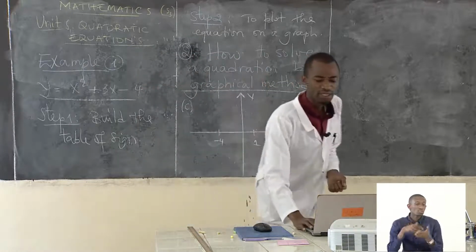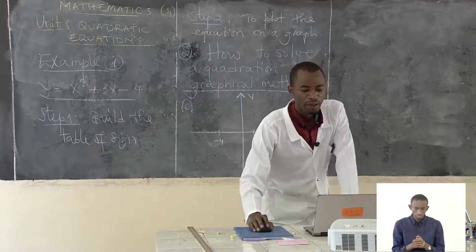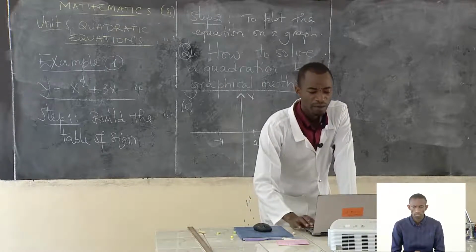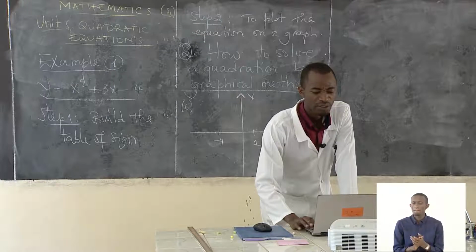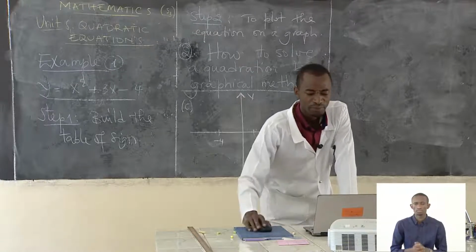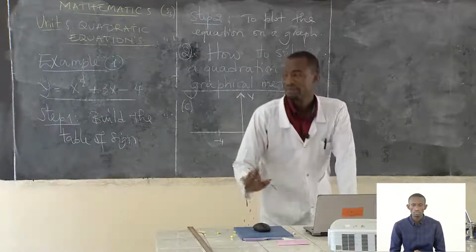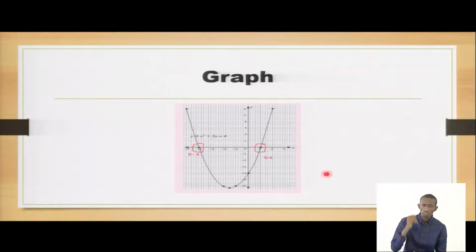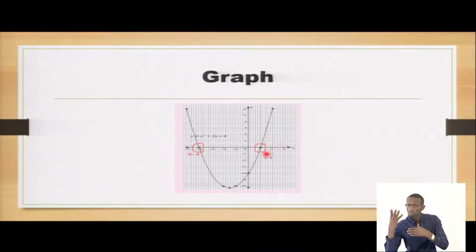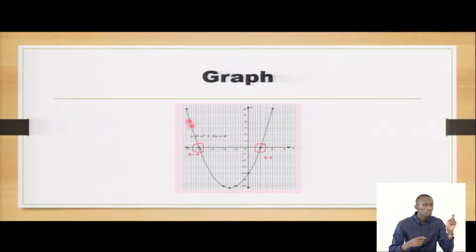If you check it on the PowerPoint, I want to show you that graph. Now look at this. As you can see, x was at -4 over here. And also we have the other point where this parabola was cutting the x-axis at point 1.